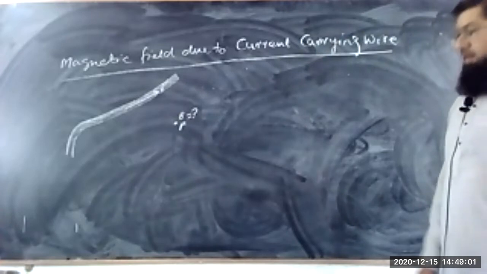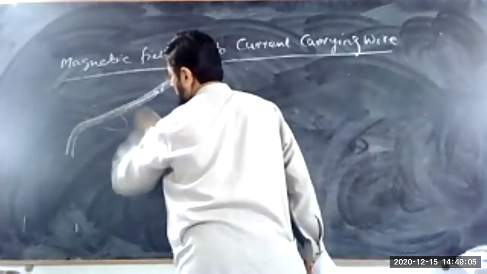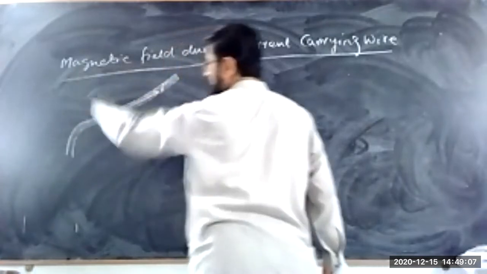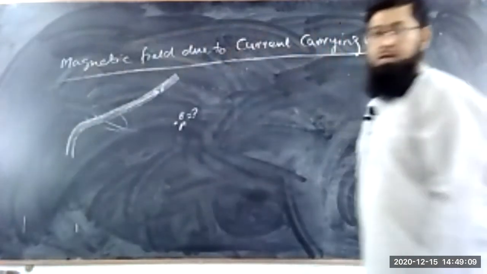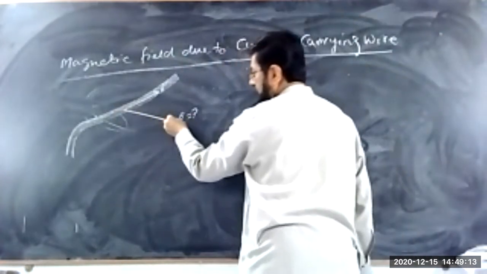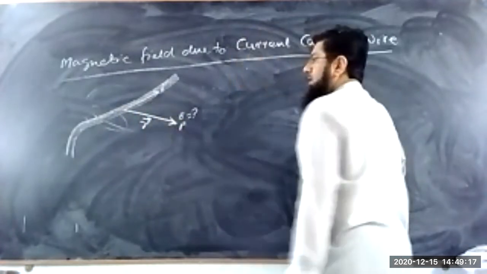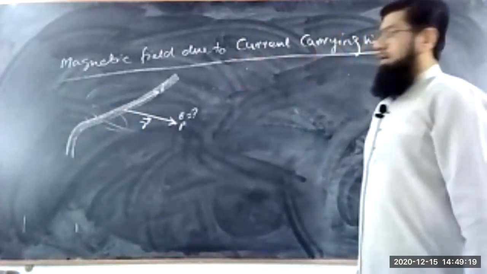We have seen that the magnetic field is produced all across the wire in concentric circles. Let's say this point P is located at a distance r from the current carrying wire.